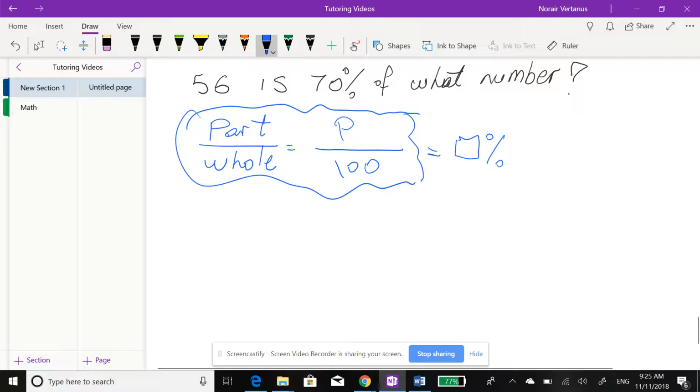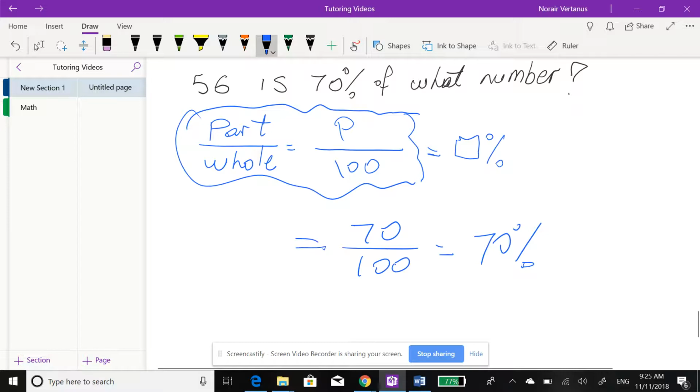In that case it's more than 100%, like 145%, 200%, 300%. In this case it should be less than 100, because we already have it, that's 70%. So it's going to be 70 over 100. That's given, which is 70%. So that's not the concern because the percentage in this case is given.